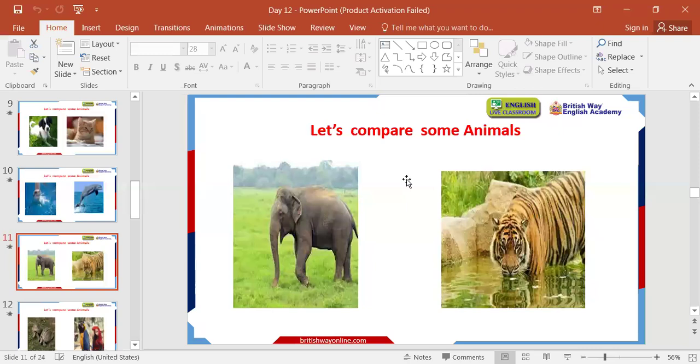Elephants are more social than tigers. Tigers are more solitary than elephants. The elephant is kinder than. Tigers are more hunting than elephants.